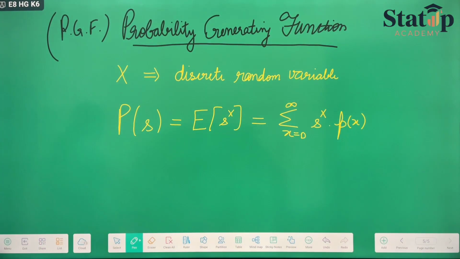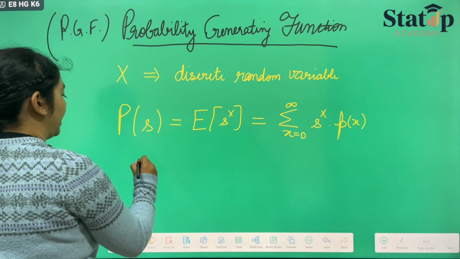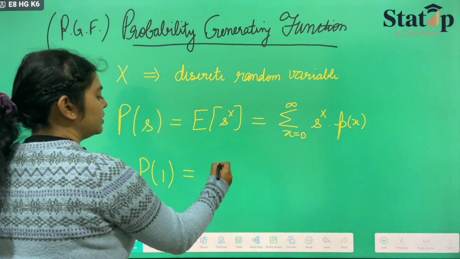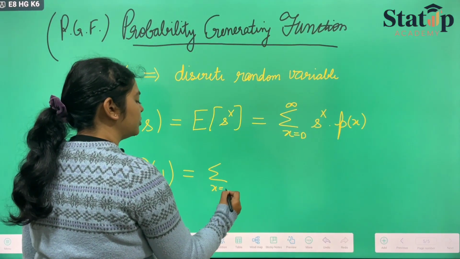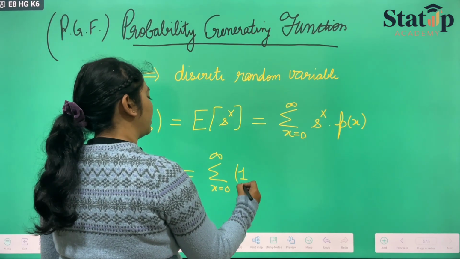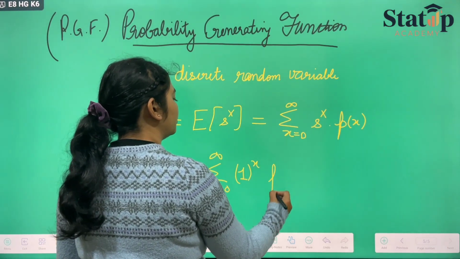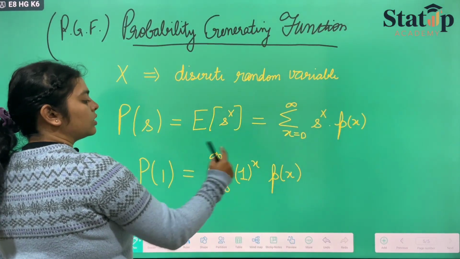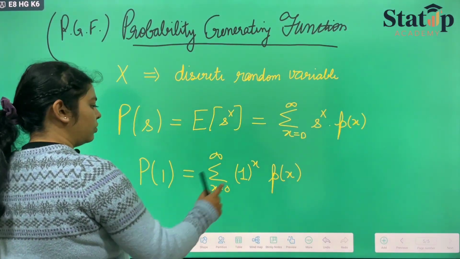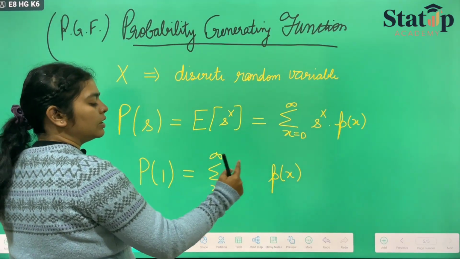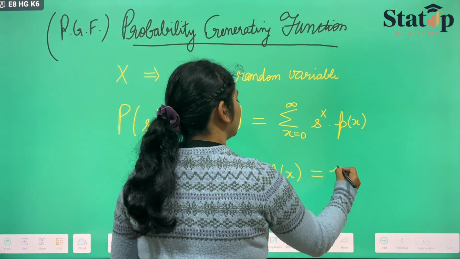And here we can also say that if we put s equal to 1, then it will be the summation over x from 0 to infinity of 1 raised to the power x into p(x), which is the probability. Now 1 raised to the power x is nothing but 1 only, and the summation from 0 to infinity of probability is always equal to 1.